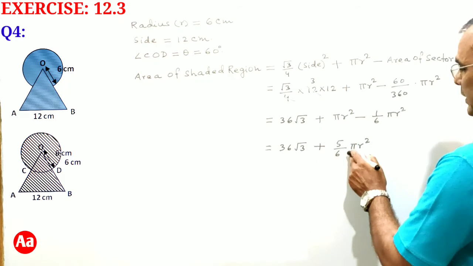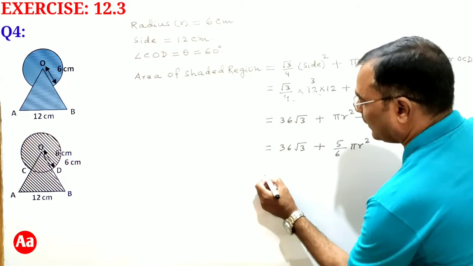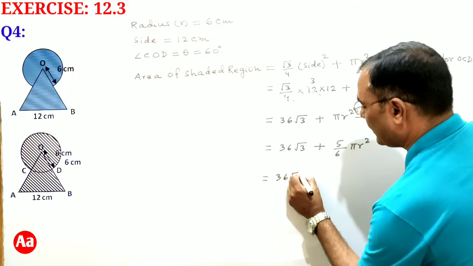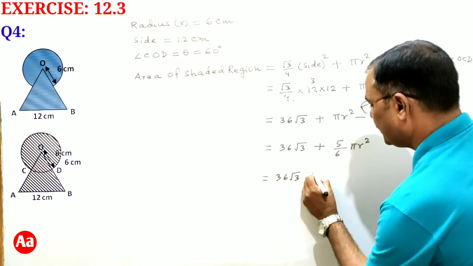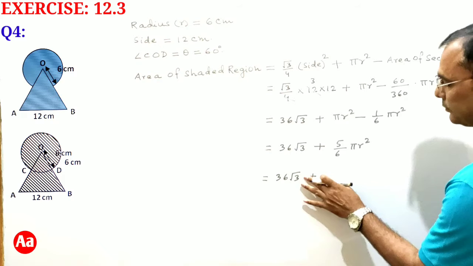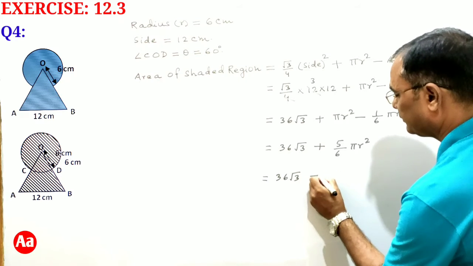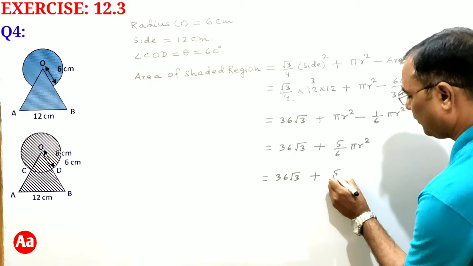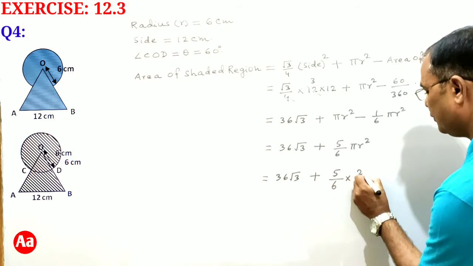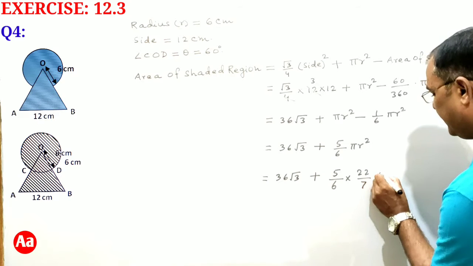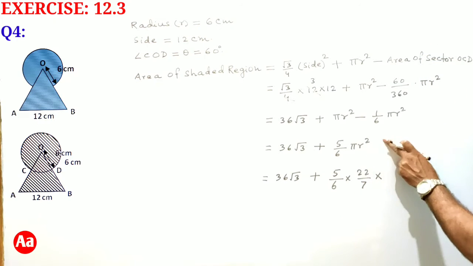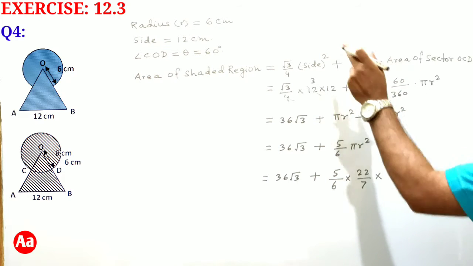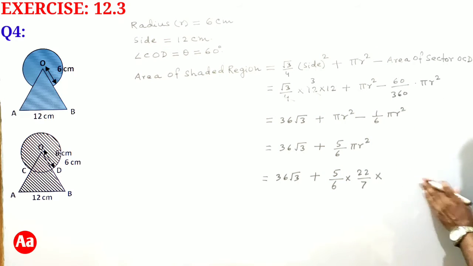Now let's put the value of r. So 36 √3 plus 5/6 into 22/7 into radius of the sector, which is equal to radius of the circle, that is 6.